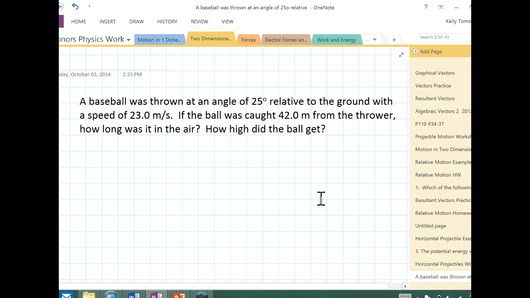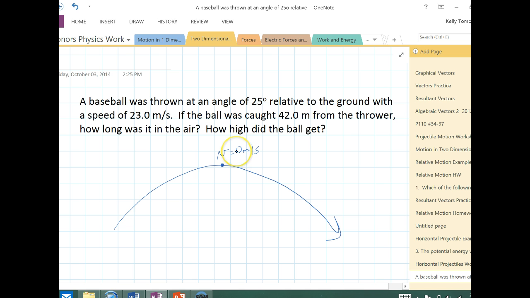So if we think back to the first chapter, when you throw a ball up in the air, what do we know about the highest point the object gets in the air? Its velocity is 0. The same thing is true for motion like this. We can still assume that at the very highest point, that velocity is 0 meters per second.